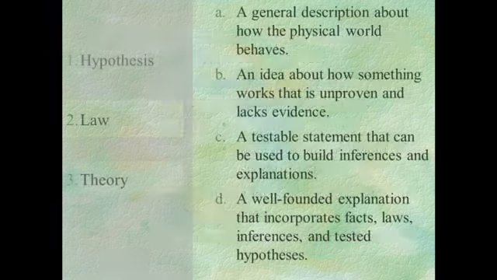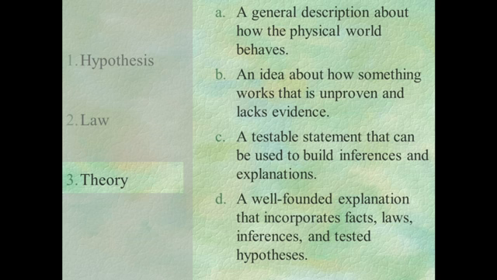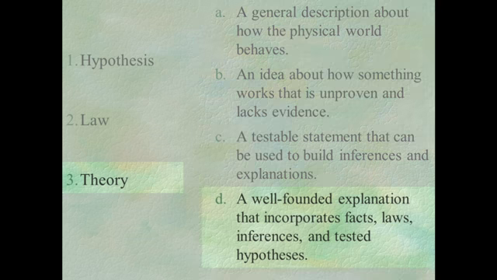Okay, so given that, which of these do you think is the best definition of a theory? Well, hopefully you guessed letter D, and that is the definition. Notice that letter B was not involved in any of these, right? An idea about how something works that is unproven and lacks evidence, right? That's not any of these.